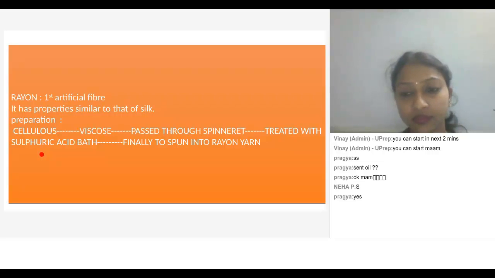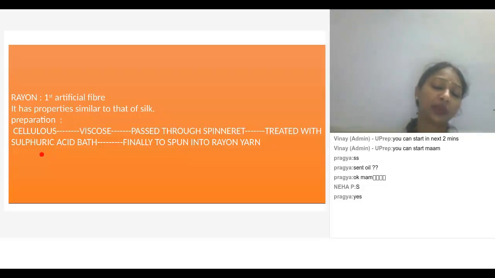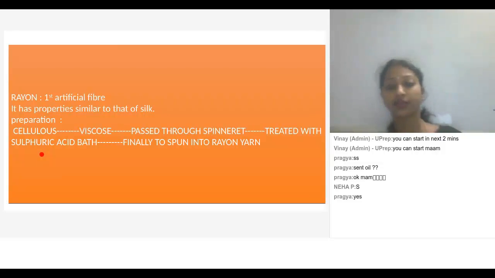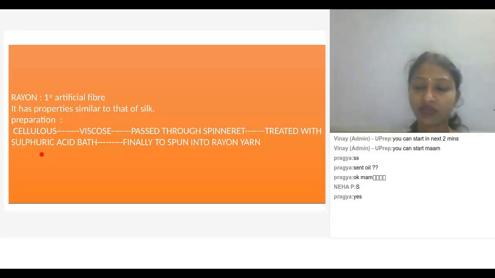Okay. So there are different steps for the preparation of rayon. Just listen. It's important, but the material is not well given in your book. So listen how it is prepared.